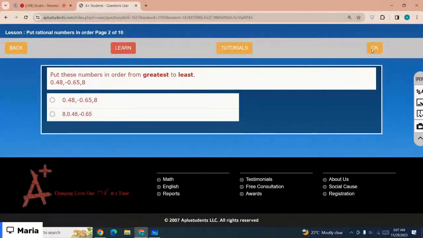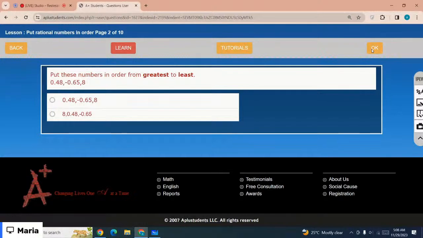Okay, put these numbers in order from greatest to least. So which is the correct option? You have to arrange them from greatest to least, right? So you have 0.48, negative 0.65 and 8. The negative number is the least one. Negative 0.65 is the least number.